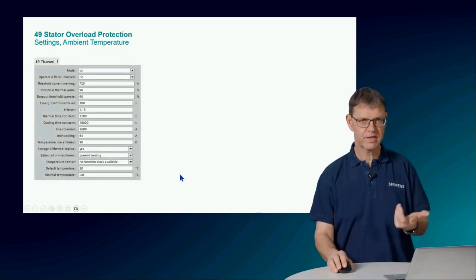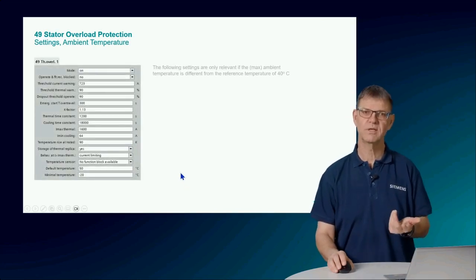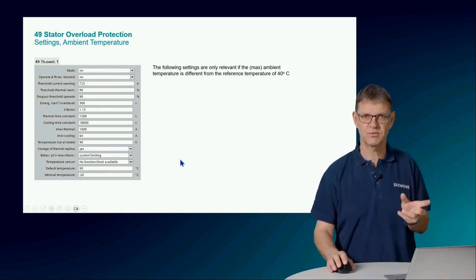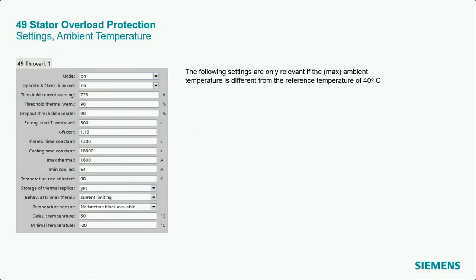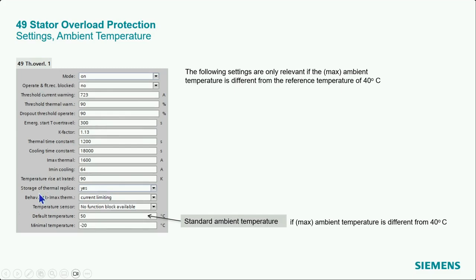Then we have a few settings, only if the ambient temperature is different to the reference temperature, which is always 40 degrees Celsius. There we can enter the other temperature, and an approach could be, if we don't use a sensor for the ambient temperature, we use the maximum temperature.